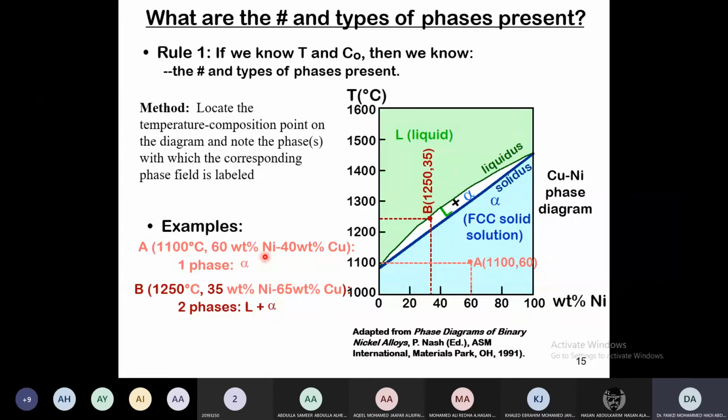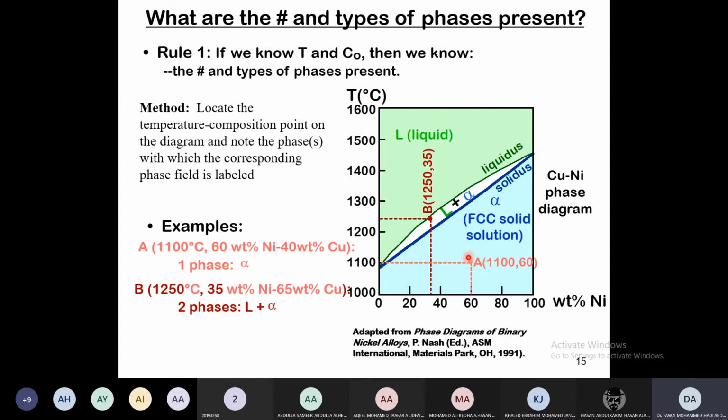So if we have 60% by weight nickel, we have 40% by weight copper. How many phases do we have, and what are those phases? Let's look at point A. 1100 degrees centigrade is this, and the composition is 60% by weight nickel. So the point is here. That's the temperature and that's the composition.